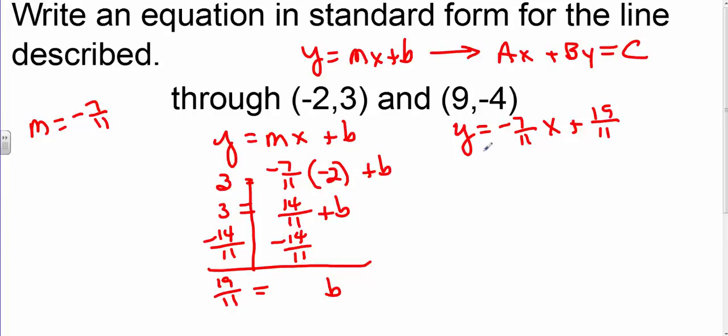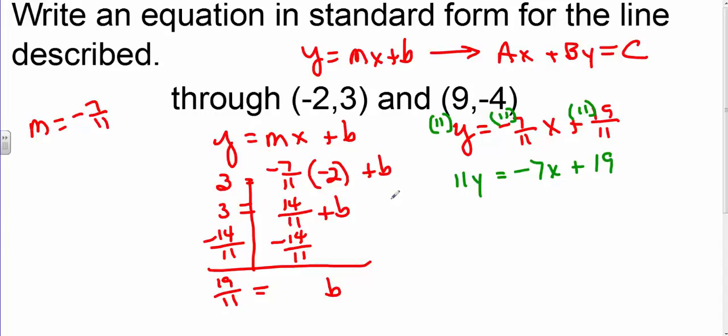Now we know we can't have denominators, fractions, so let's go ahead and multiply everything by 11. So we multiply everything in the equation by 11. And that gives us 11y is equal to negative 7x plus 19.